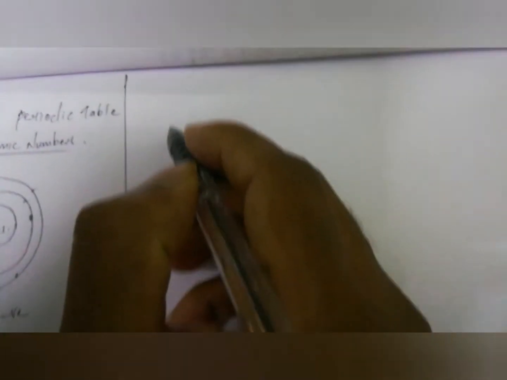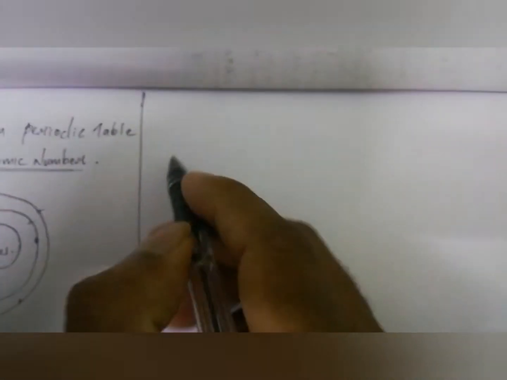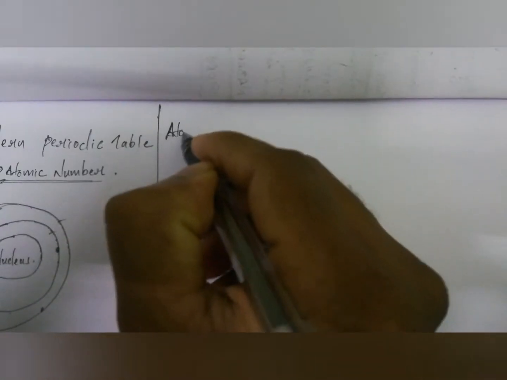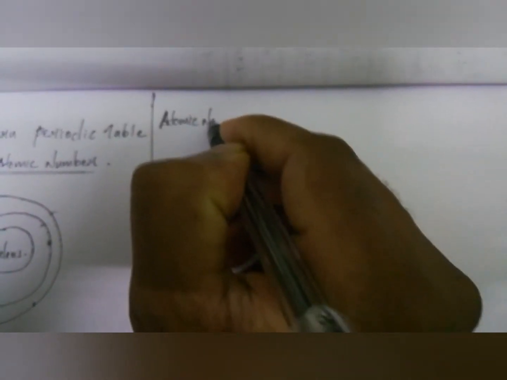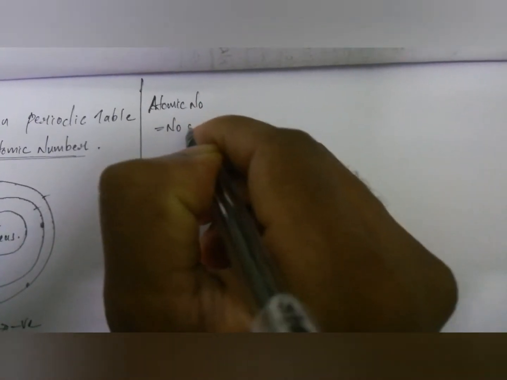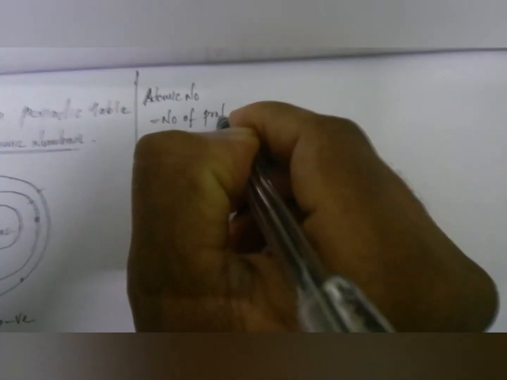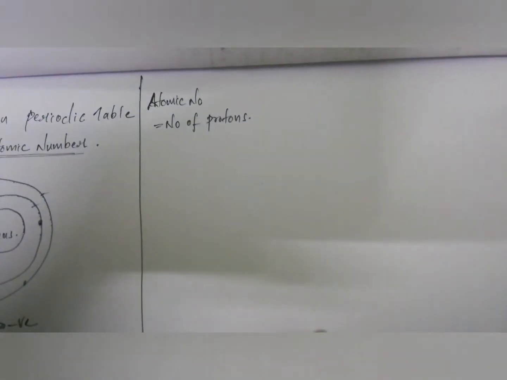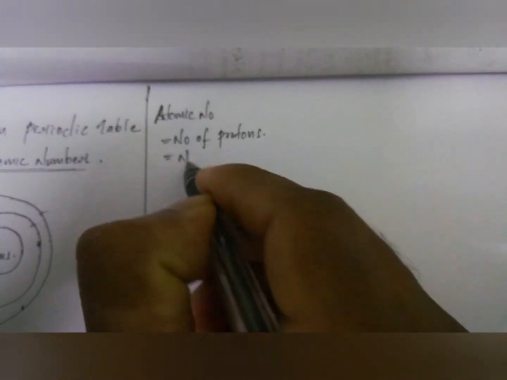Then what do you mean by atomic number? I will say that atomic number is equal to the number of protons. Some will say it is equal to the number of electrons.